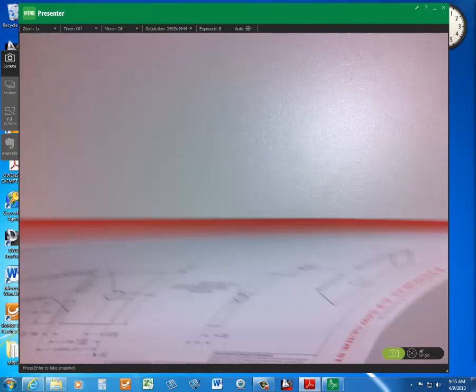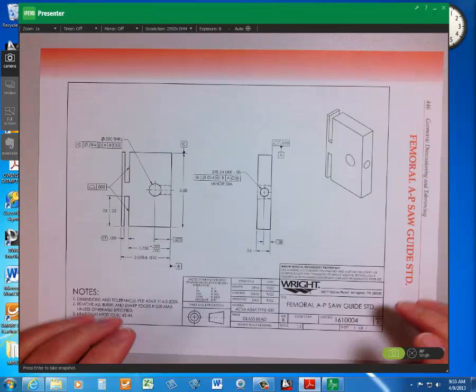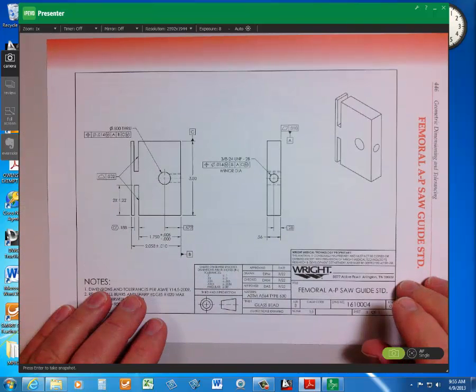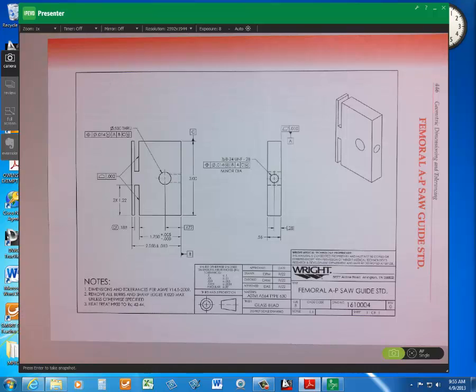Moving ahead. Good old simple part. Huh? The femoral A and P saw guide standard. Whole bunch of questions though.